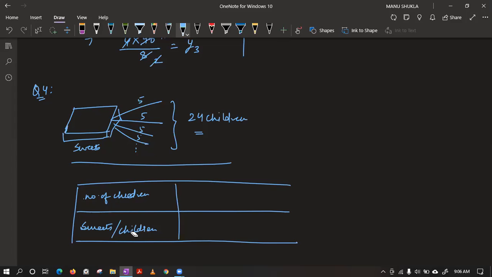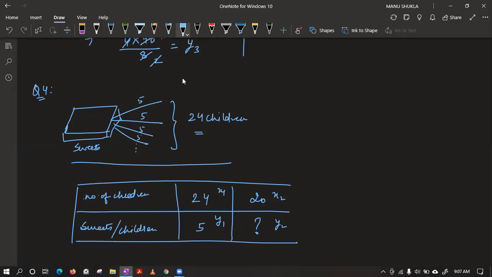In the first case we have 24 children, they are getting 5 sweets each. Then they are saying if the number of children is reduced by 4, that is 20, how much will they get? This is the question mark. So x1, y1, x2, y2.